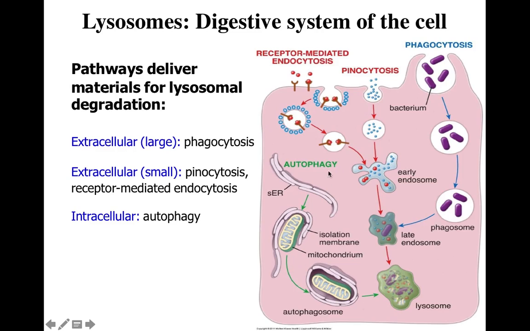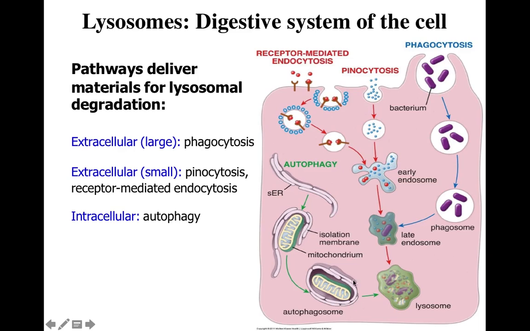In autophagy, which means eating itself or self-digestion, the cell eats up its own components. For example, this is a mitochondrion which needs to be destroyed. Some smooth endoplasmic reticulum wraps around this mitochondrion and makes up an isolation membrane which isolates this mitochondrion from the rest of the organelles.